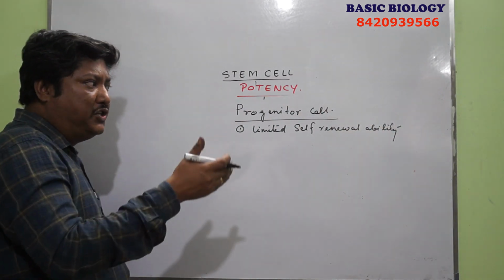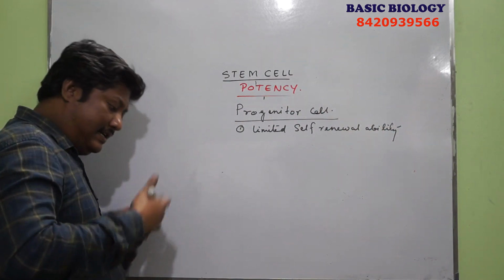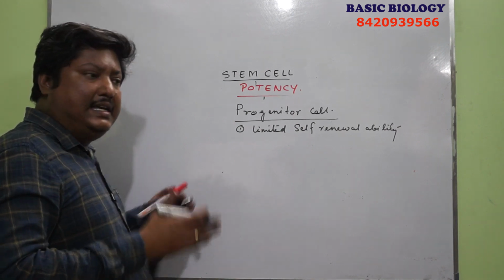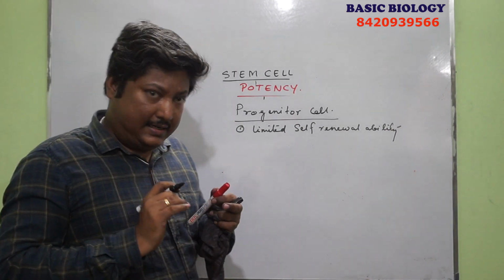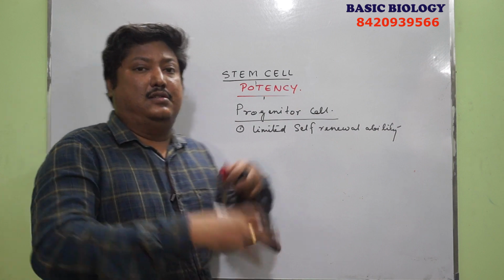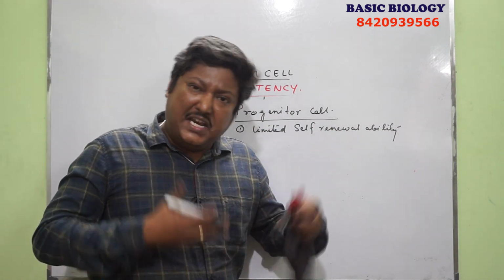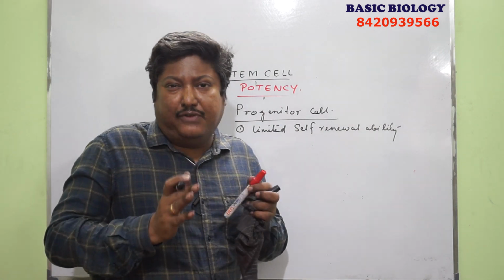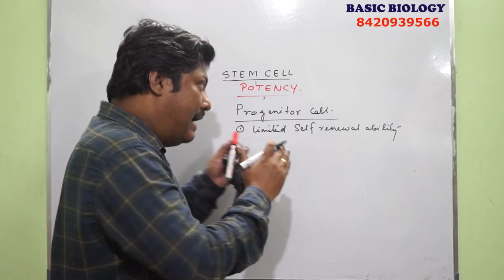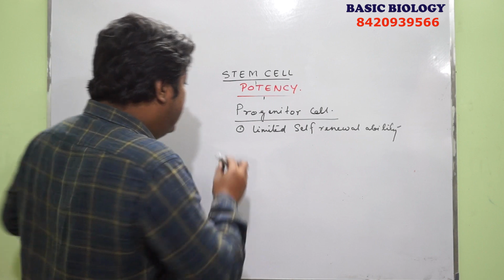That means before the differentiation, their division is very limited and restricted. They do not divide uncontrollably. They do not divide many times. They only divide very limited times before the differentiation.